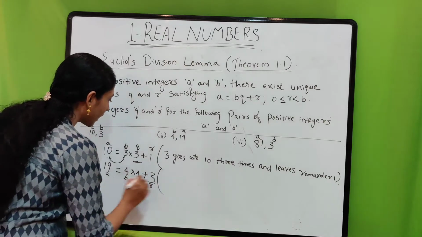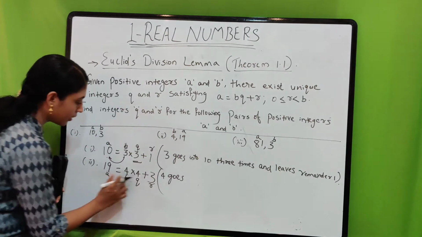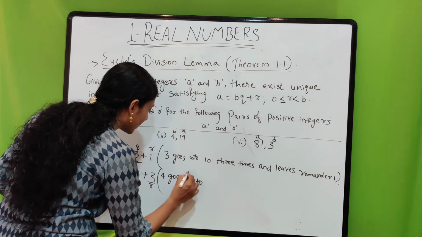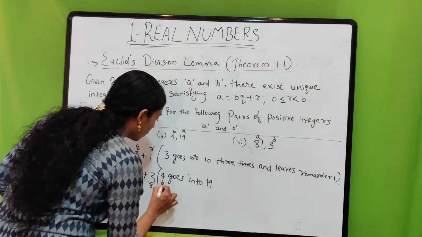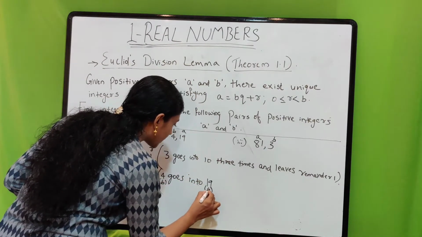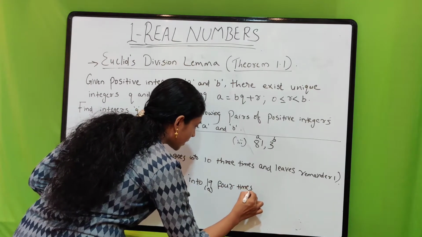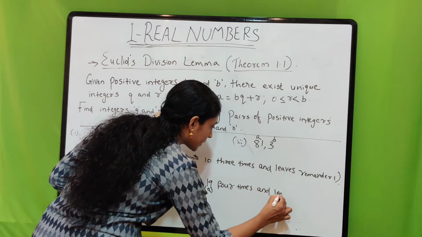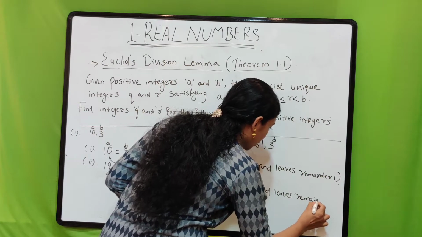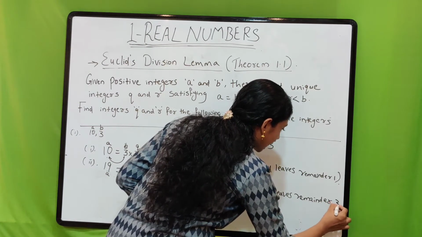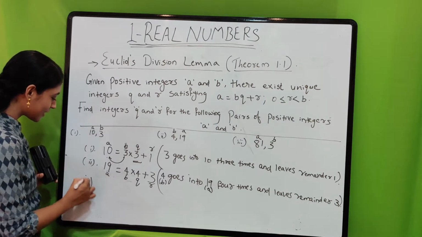That means B goes into A: 4 goes into 19 how many times? 4 times, right? 4 times and leaves remainder 3. Yes, and leaves remainder 3. Understood? Simple. See how simple it is.